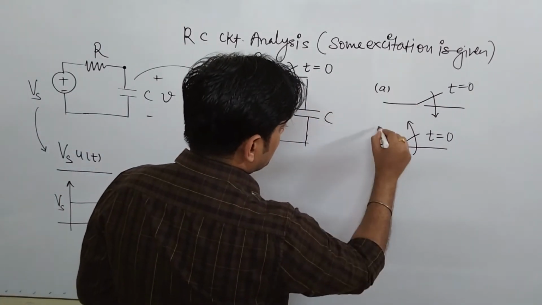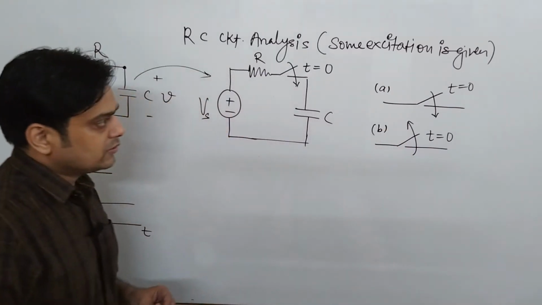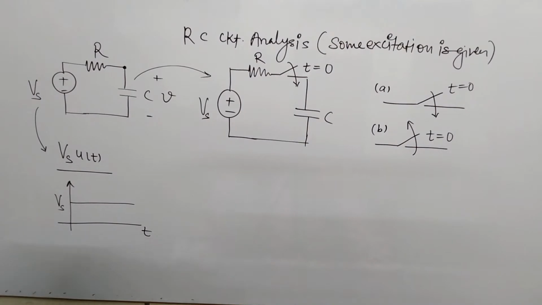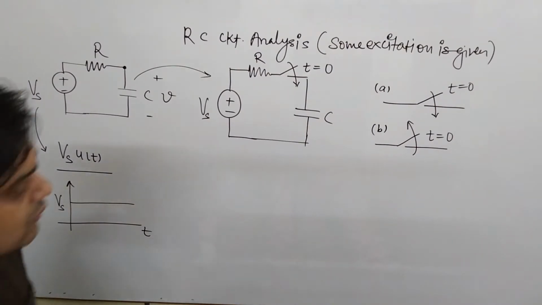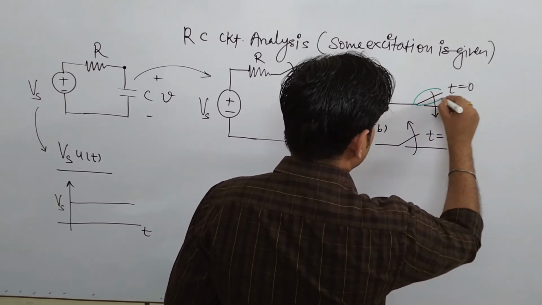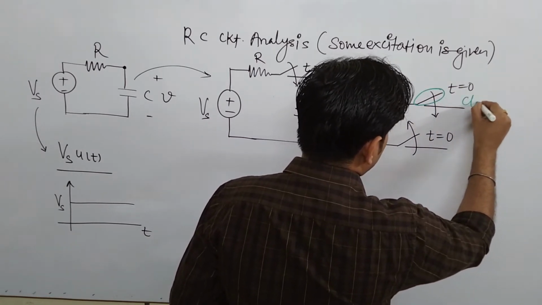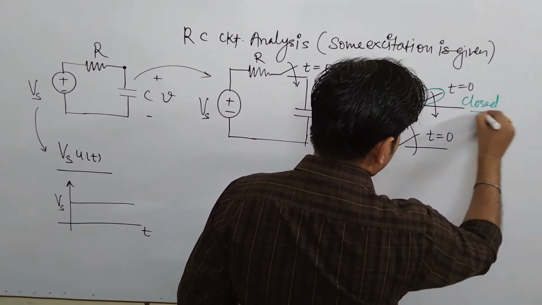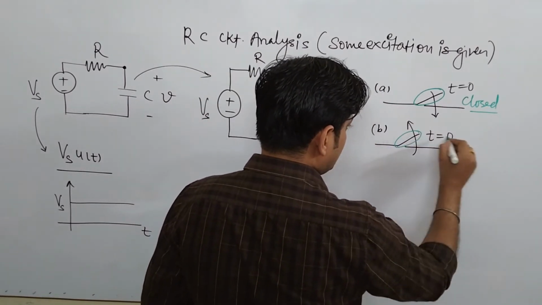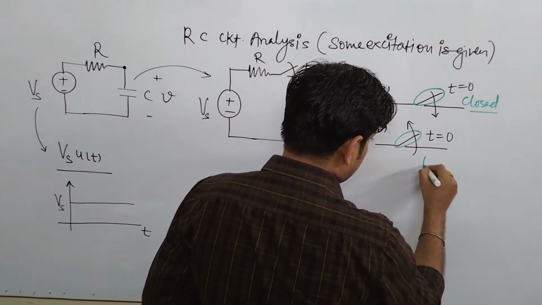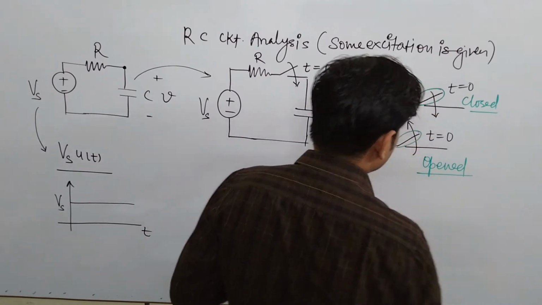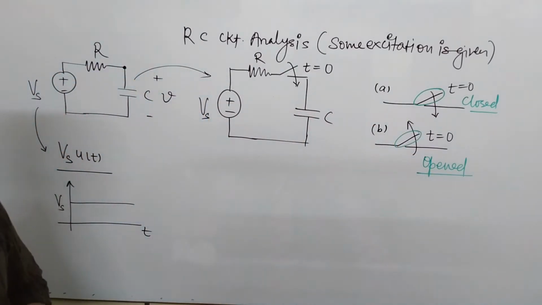This is condition A, this is condition B. This condition represents that at t equal to 0 the switch is going to be opened. So these are the two different types of conditions.